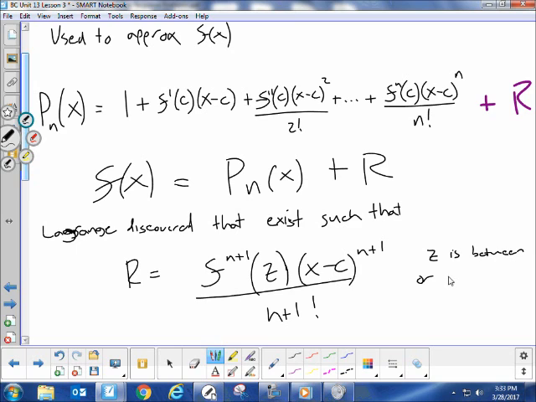So Z is either between or including x and c. Now maybe c is on the left, x is on the right. Doesn't matter.